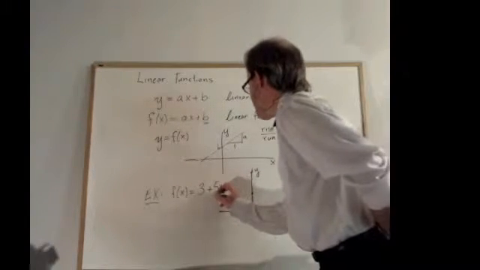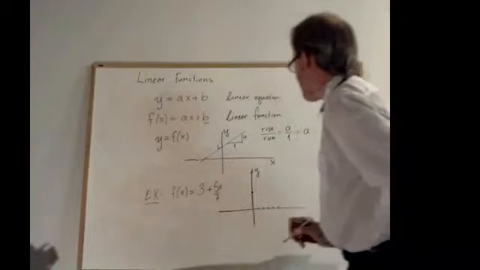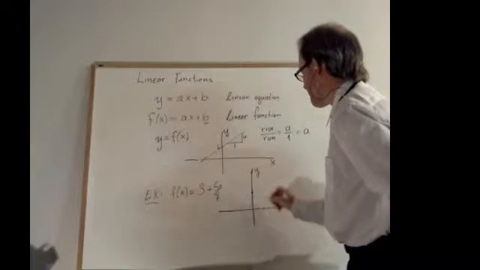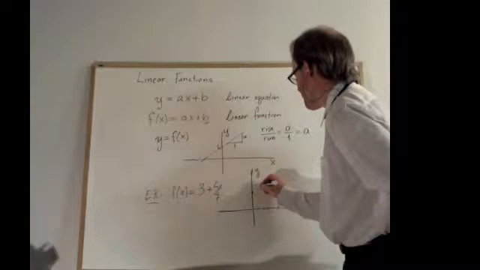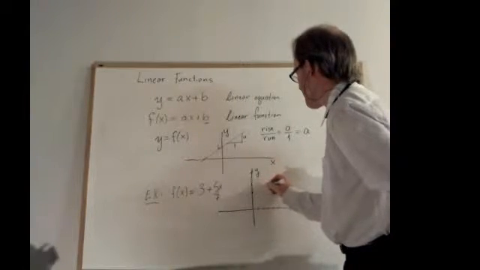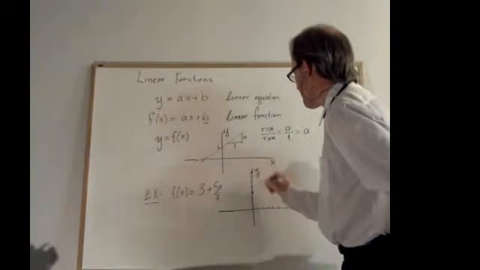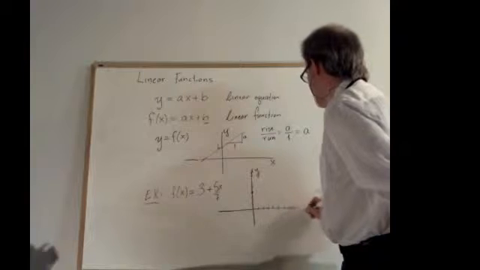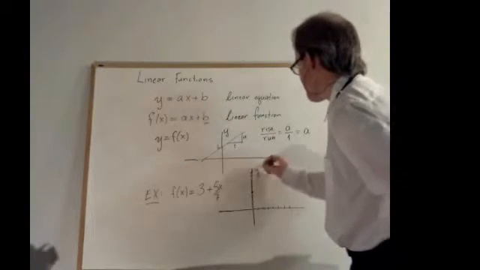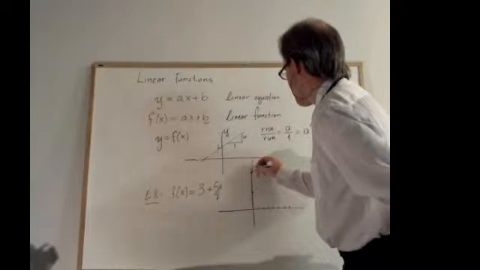Actually, I'll make this 5 over 7, since a slope of 5 would be very large. 1, 2, 3, 4, 5, 6, 7. Okay, 1, 2, 3, 4, 5.